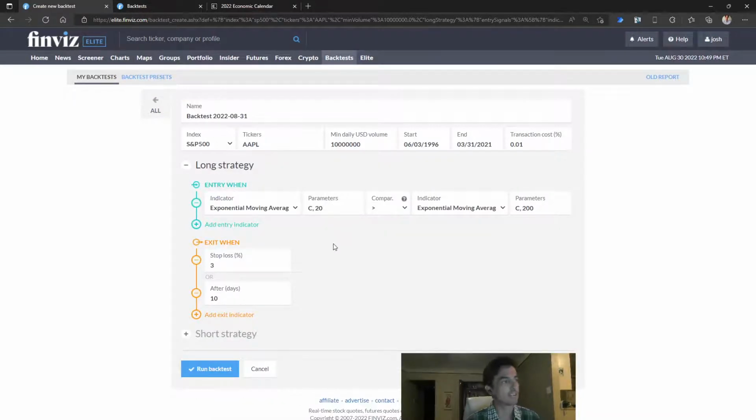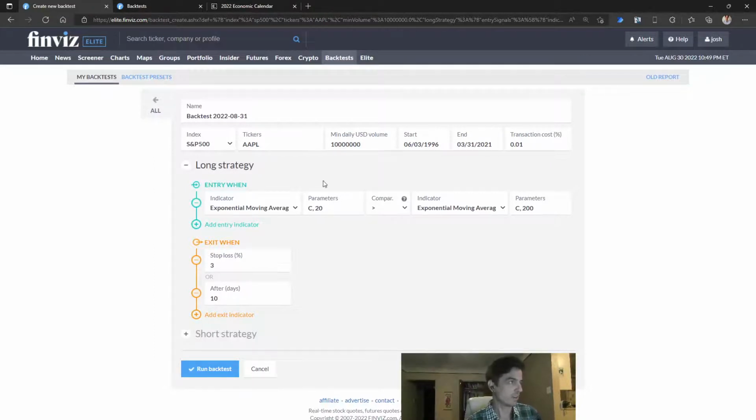Basically, I was trying to say whenever the short moving average crosses over the long one, then I want to get into the stock. And then I have a stop loss of 3%. And after 10 days, whichever one hits, hopefully the 10 days hits, and then you get out.